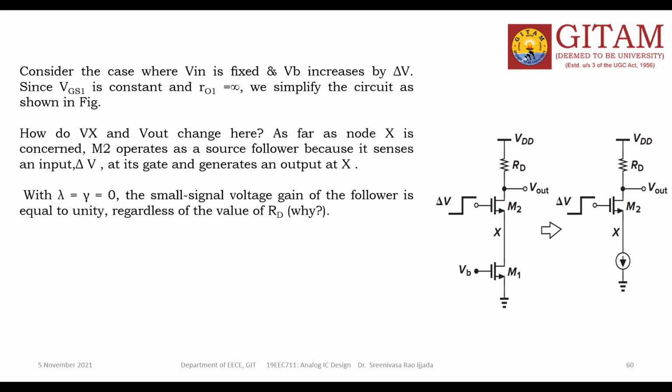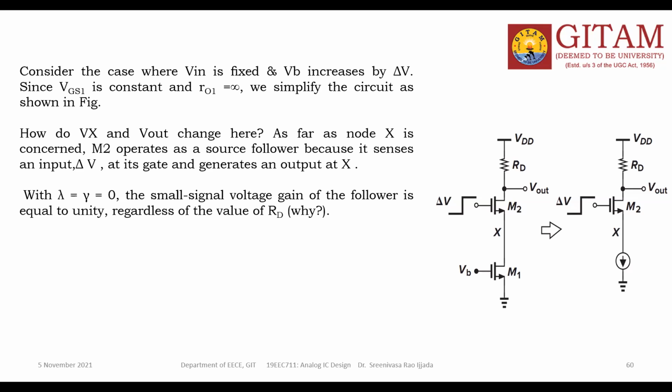When we treat the circuit as a voltage follower, what about the output terminal? Because there is an RD load, you are trying to collect the output. Whenever lambda and gamma are both zero, the small signal voltage gain of the voltage follower or source follower will definitely be unity.